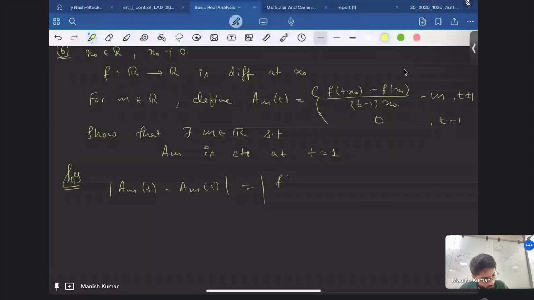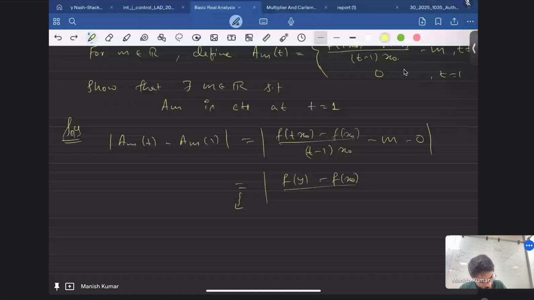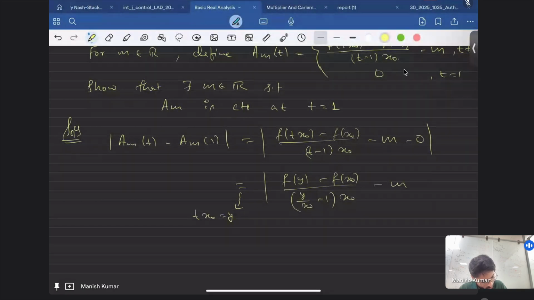Now I'm using a change of variable, so we'll just use the differentiability. I'm replacing t x naught by y, so t is y by x naught, and this is equal to (f(y) minus f(x naught)) upon (y minus x naught) minus m.